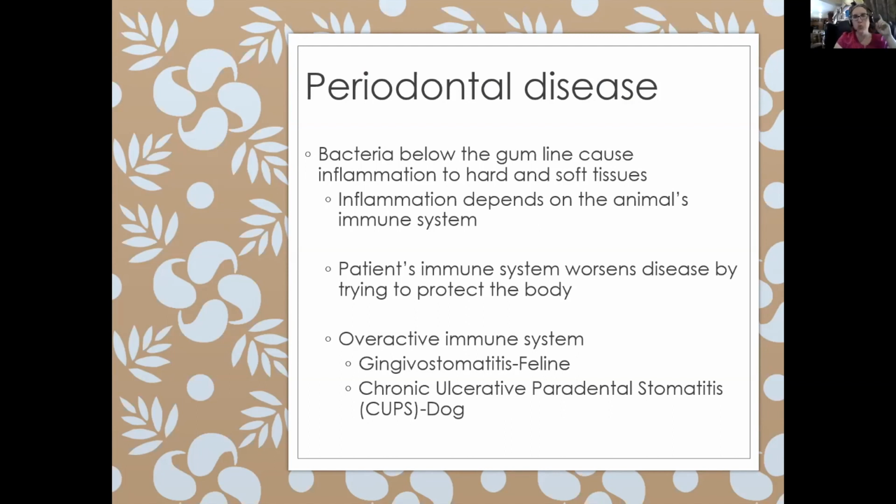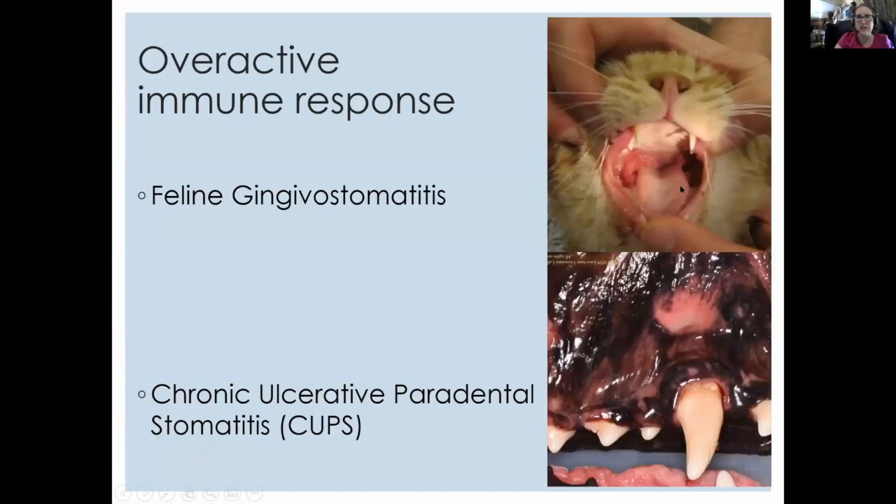So meticulous home care, frequent dental cleanings, and the owners bringing them in very frequently for dental cleanings is what helps those particular patients. We do sometimes need to resort to extraction of either strategic teeth or the teeth that are causing the most issues. So this would be an example of a cat that has feline stomatitis, or gingivostomatitis.